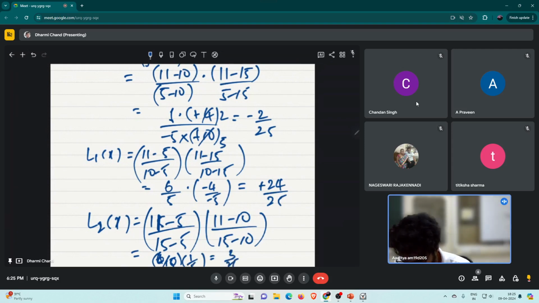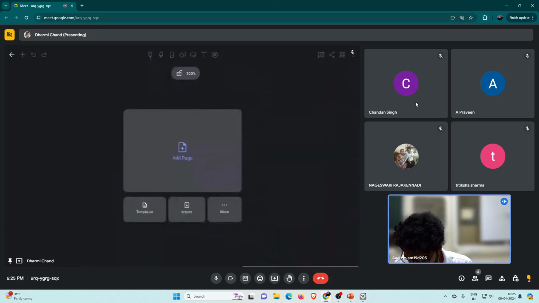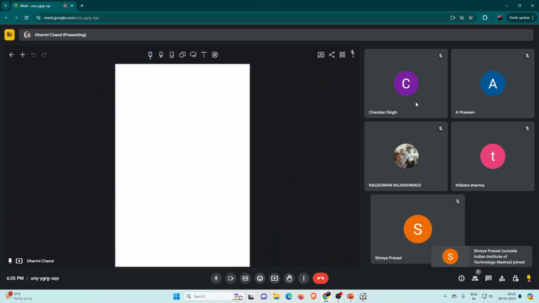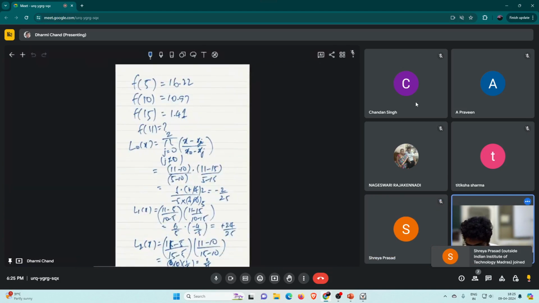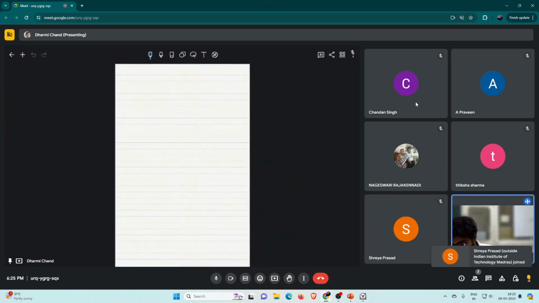So I have got all the three coefficients. Now all I have to do is just take the sum.